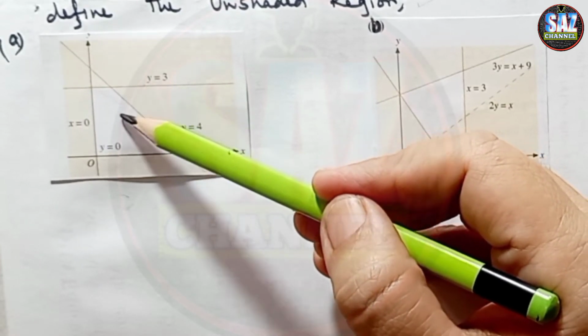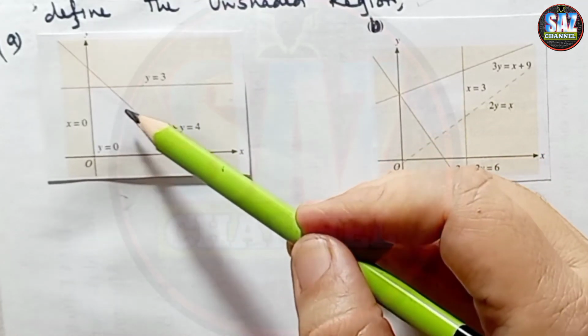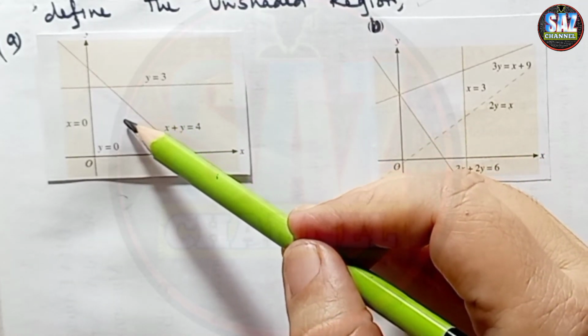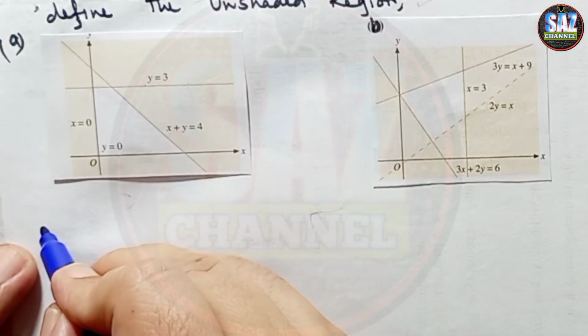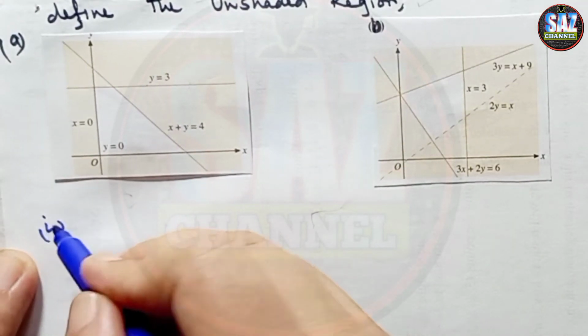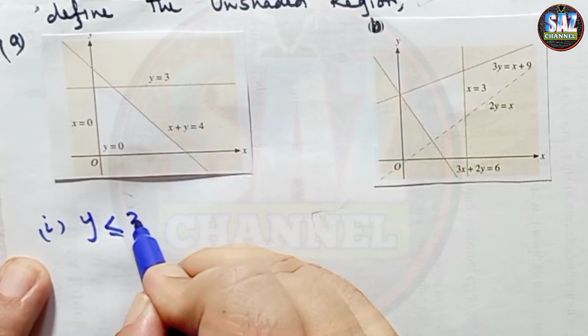So one inequality will be y less than or equal to 3.